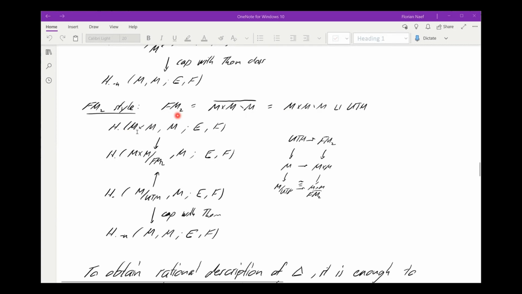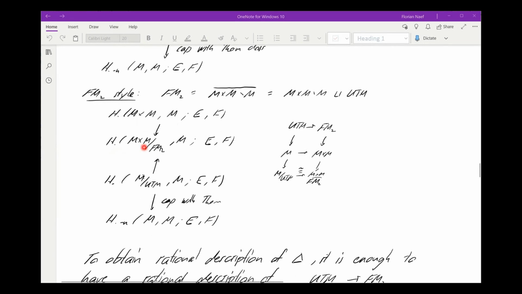So now using this space, we can do in some sense the same construction as before, except we don't have to choose this deformation retraction of that neighborhood. The way it works here is similar. We first go from homology on M times M. We first take it relative to FM2. Whenever we have a quotient, we should think of this as some kind of cone construction.